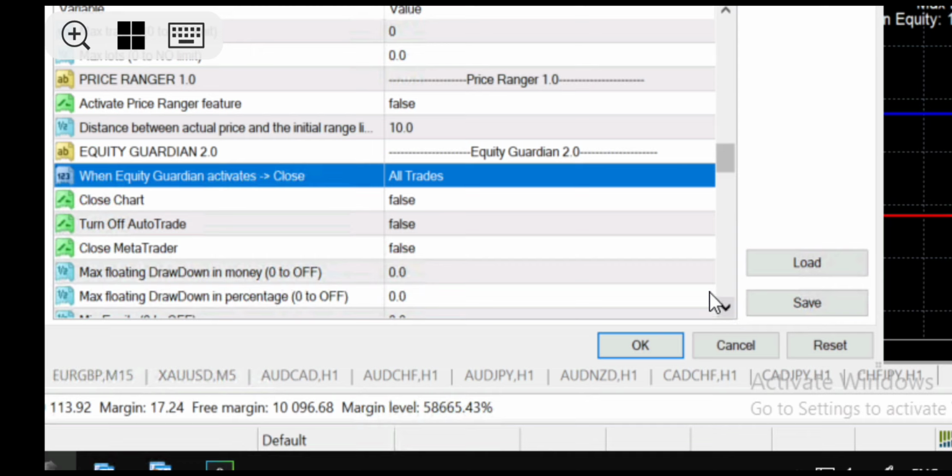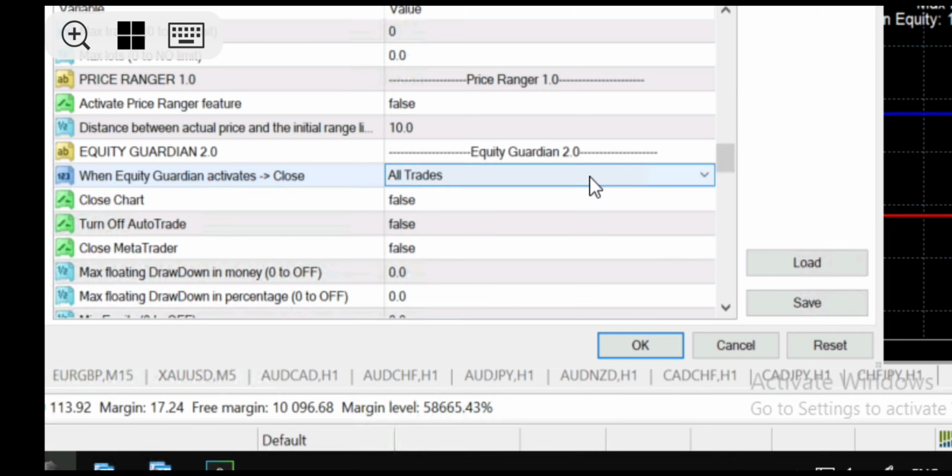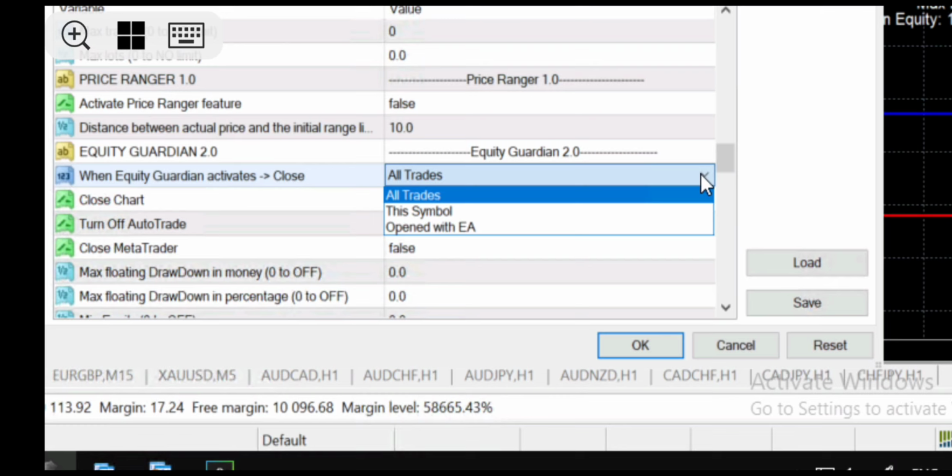So does it close all trades? Do you want it to close all trades? It will close every trade if it is set at all trades. But if it is this symbol, let's say this EA is installed on Euro USD, the moment the target is hit on Euro USD, it will close all trades on Euro USD.